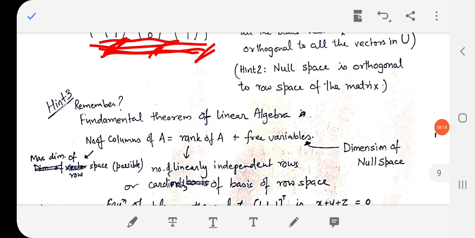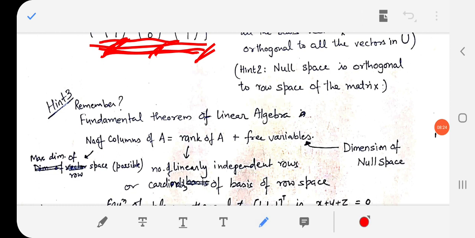And since the null space is related to the fundamental theorem of linear algebra, all these things relate here. The fundamental theorem of linear algebra also says the same thing.